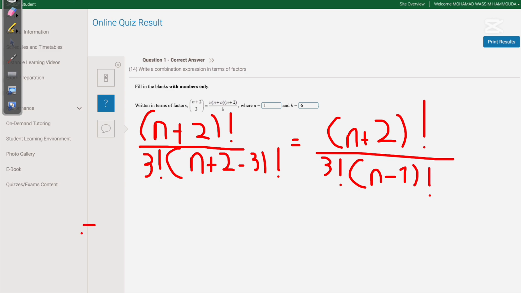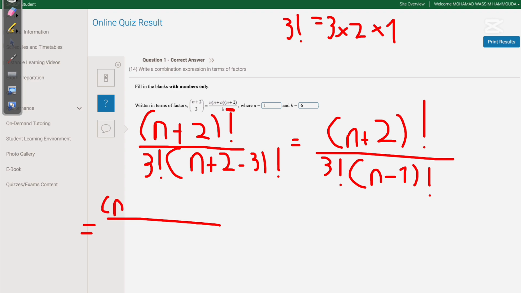And then we're gonna need to figure out a way to cancel out (n-1) factorial since it's not in the denominator in the question. So we know that, let's say, 3 factorial is equal to 3 times 2 times 1. And then let's try and simplify.